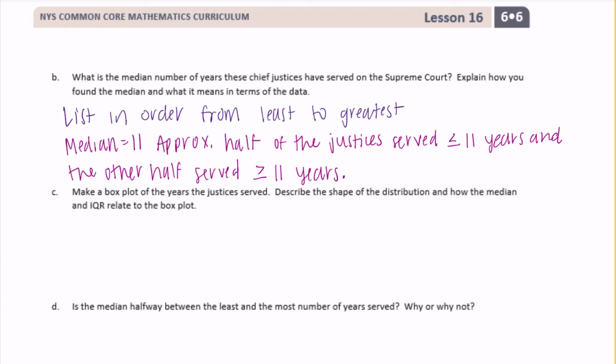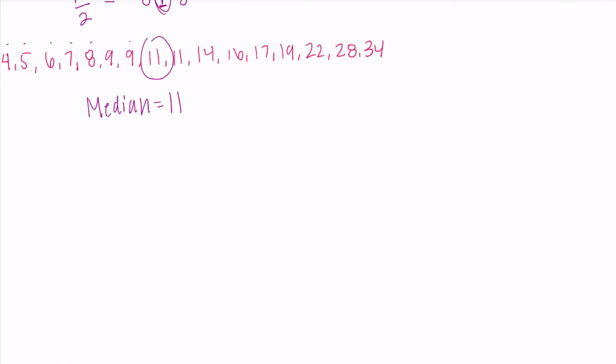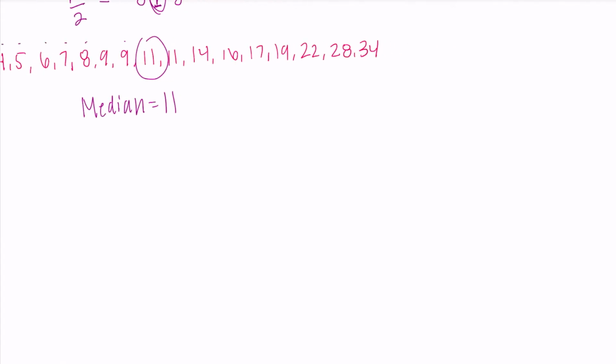Okay, C says, make a box plot of the years the justices served. Describe the shape of the distribution and how the median and IQR relate to the box plot. Okay, so we need to make a box plot with this data. The information we need to know is the minimum, the maximum, the median, which we already know is 11, quartile 1, and quartile 3.